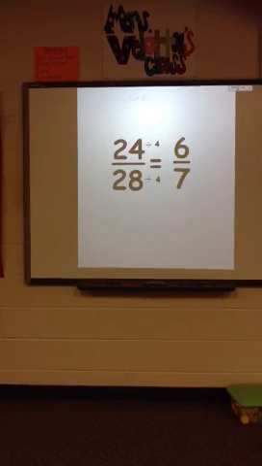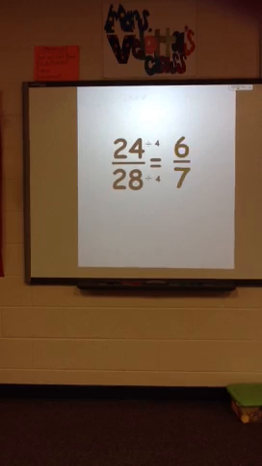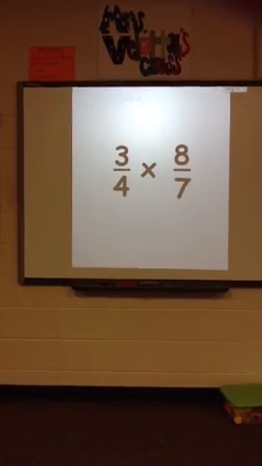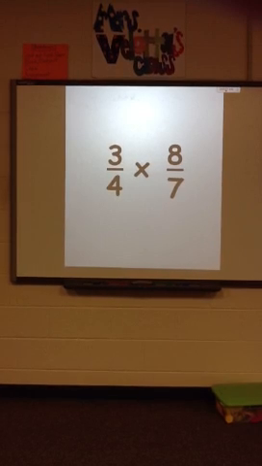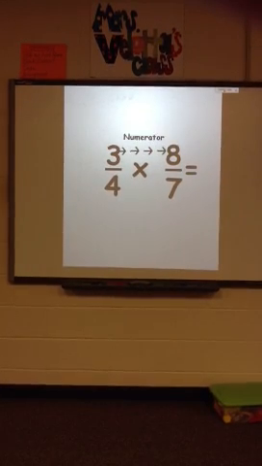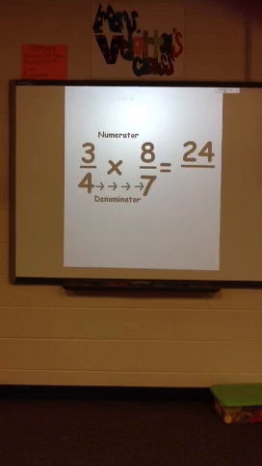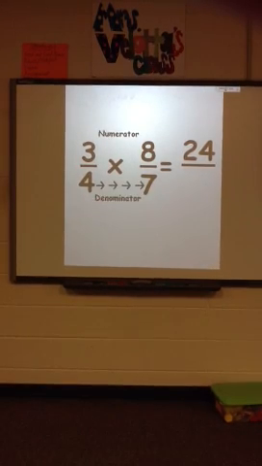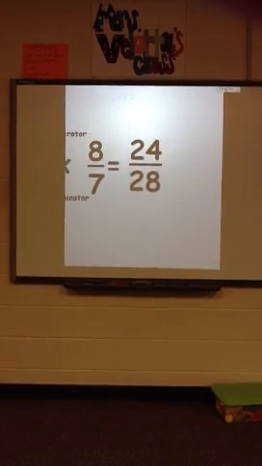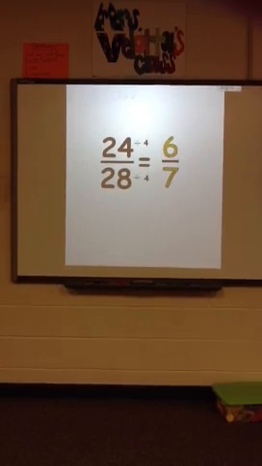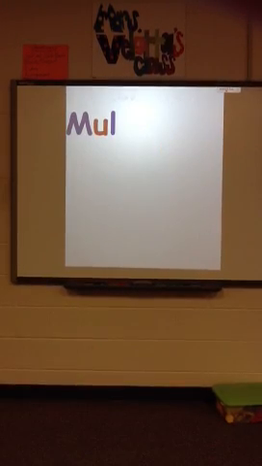Then reduce to simplest form. Then reduce to simplest form.